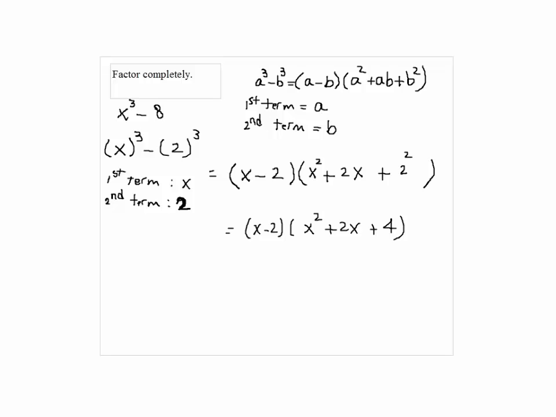And then here we have the first term squared, which is x squared, plus first term times the second term would be 2x, plus the second term squared is 2 squared. So we factor this as x minus 2 times x squared plus 2x plus 4.